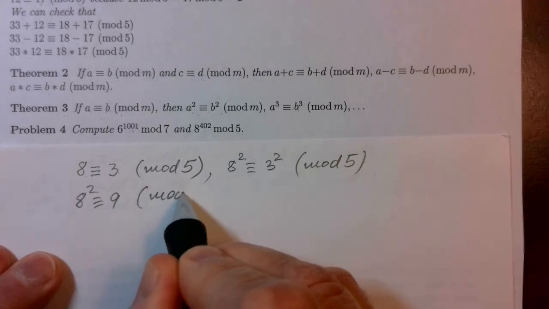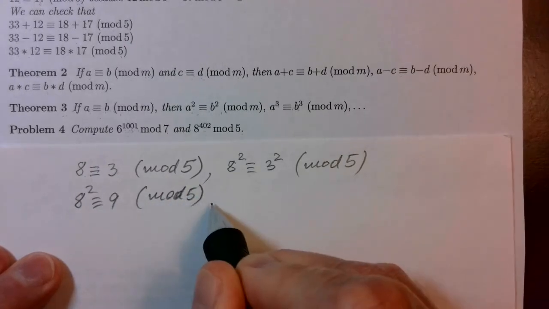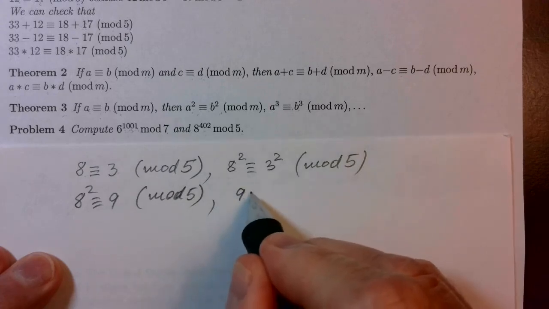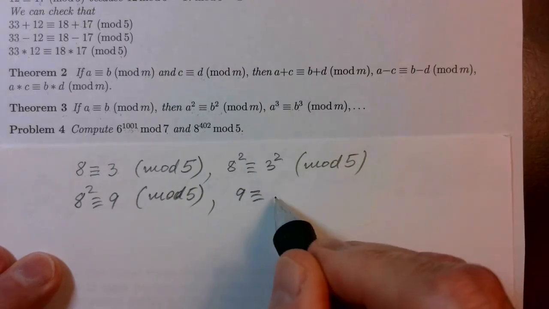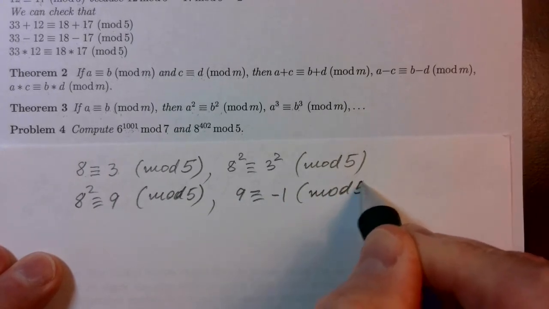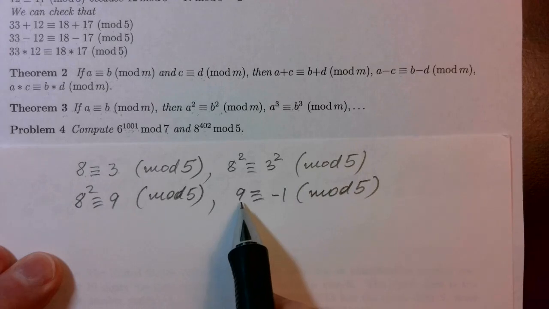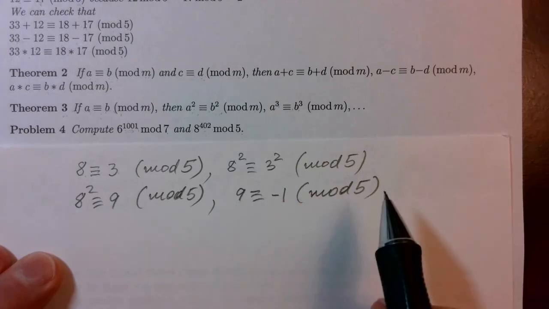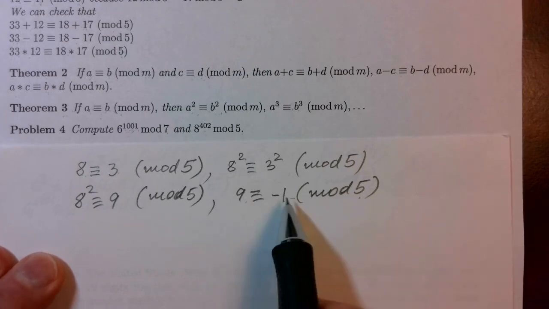Oh, sorry, mod 5. 9 is congruent to -1 mod 5. Yeah, the remainder of 9 is 4. The remainder of -1 is also 4 mod 5. So they are congruent.